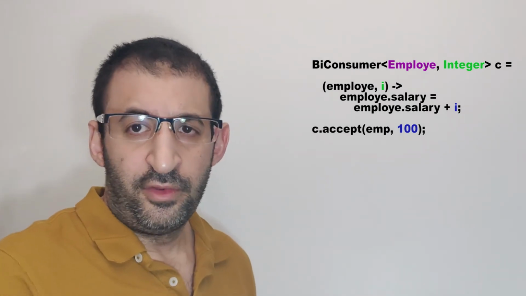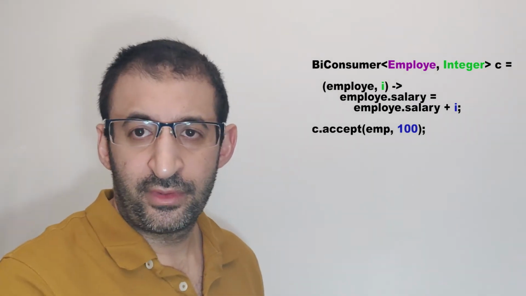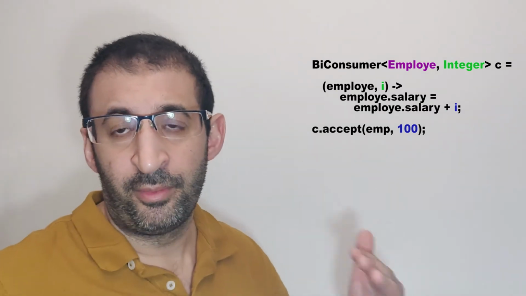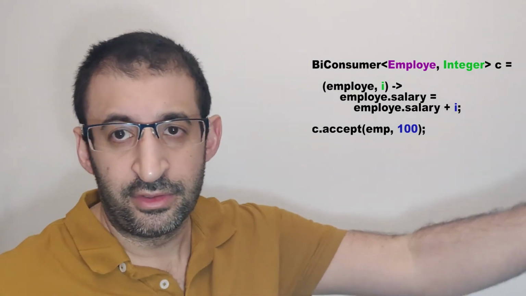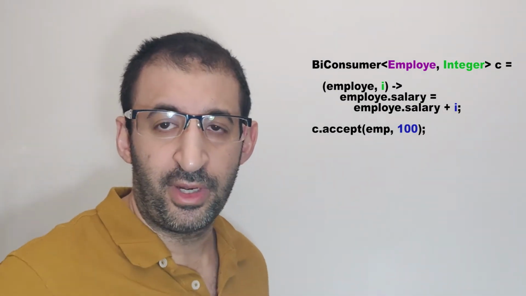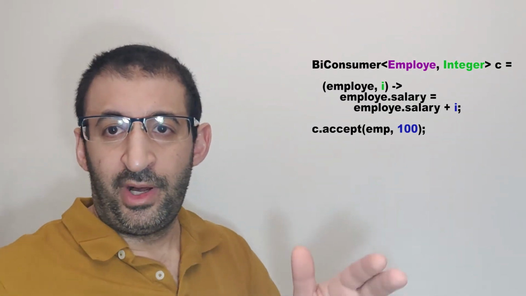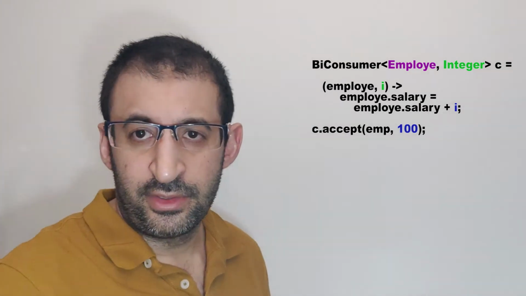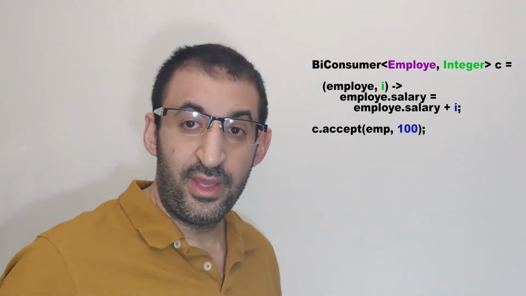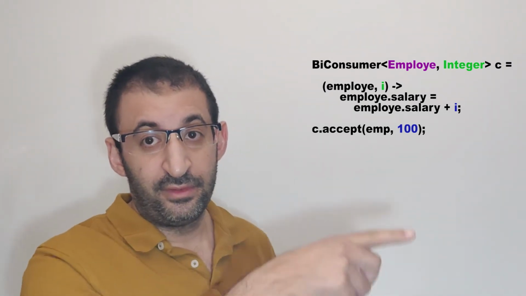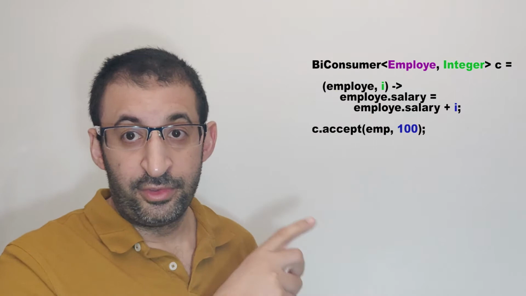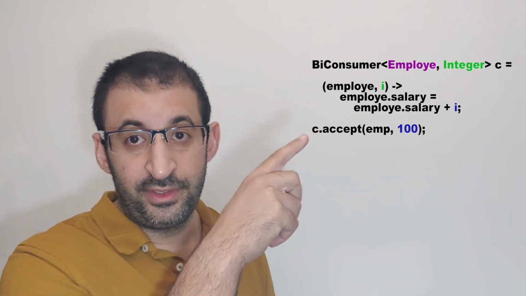After this, C.accept employee. I suppose I have created an employee before, of course. I will do it in the example when I execute the program. Employee, comma 100 or 150. Here I have a problem. I have autoboxing. I put 100, it is converted to Integer.